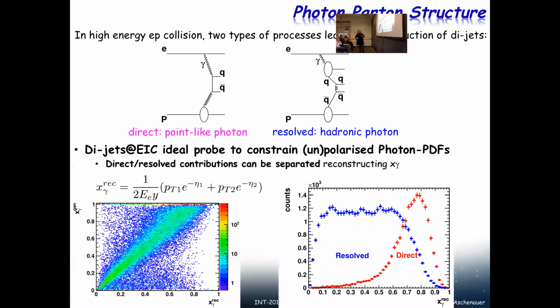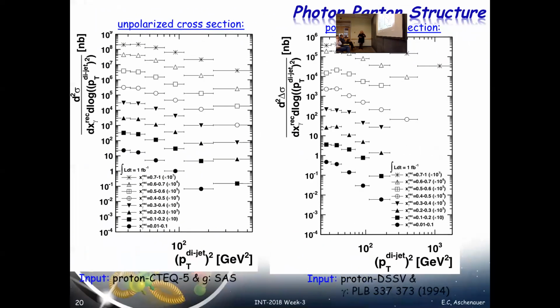So if you do a cut on X reconstructed, you can definitely enhance your resolved. And that is a method which was also used at HERA. So that is just to show the unpolarized cross-section which we can measure as function of basically something like the dijet mass, and here as function for different X regions.